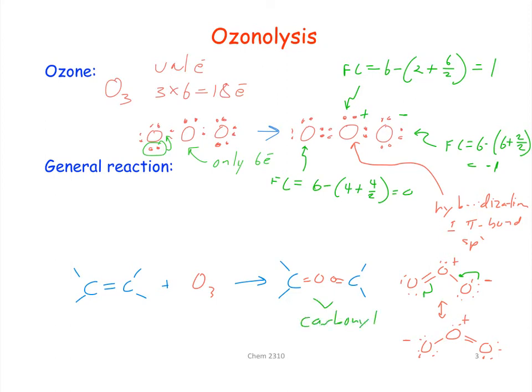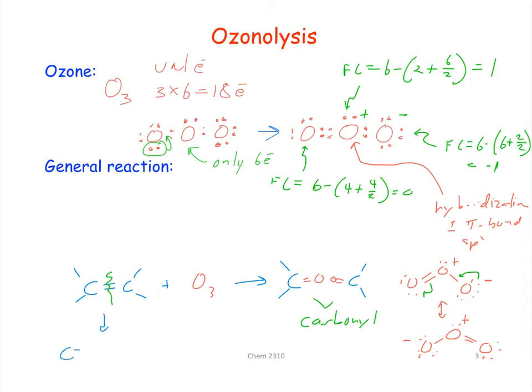The actual identity of the carbonyl compounds depends upon how we run the reaction, and we'll talk about that in just a minute. So one way that we can figure out what gets formed is essentially all we're doing is breaking this bond.